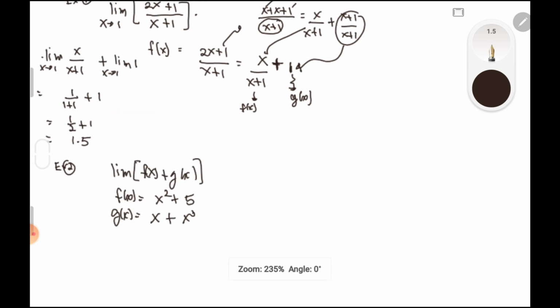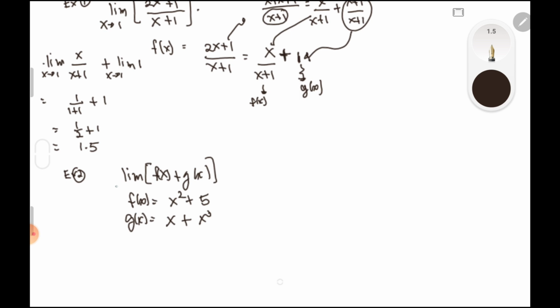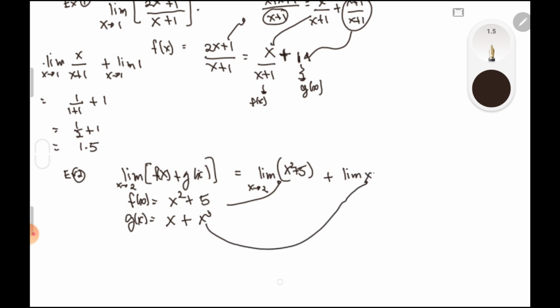Okay, so let's say as x approaches 2. So we may say that we have the limit of x squared plus 5 as x approaches 2, plus the limit of x plus x cubed as x approaches 2.